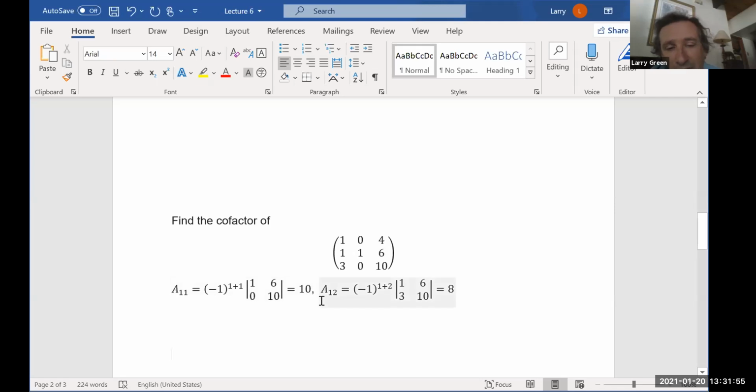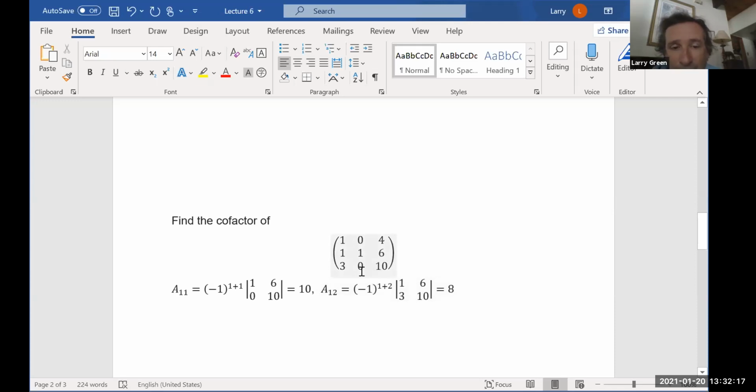Okay, then I'm going to do the 1, 2. So now I'm going to take negative 1 to the 1 plus 2. Now I'm going to take that first row and erase the first row, and take the second column and erase the second column.